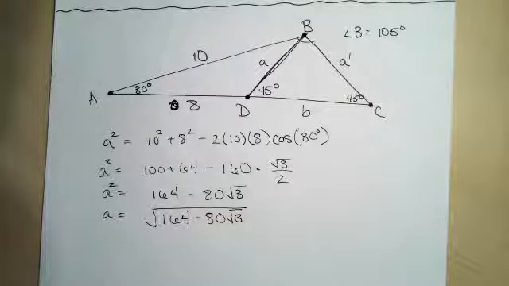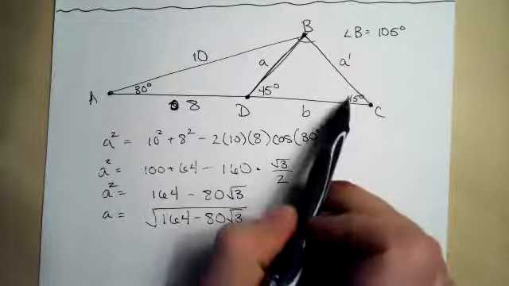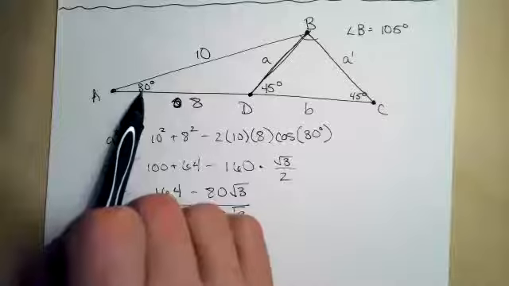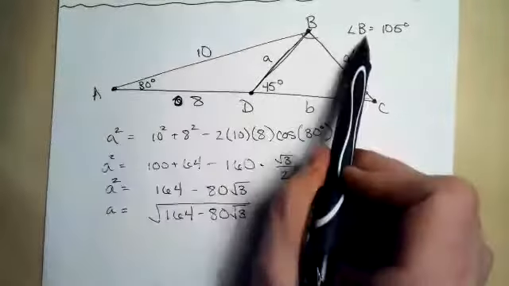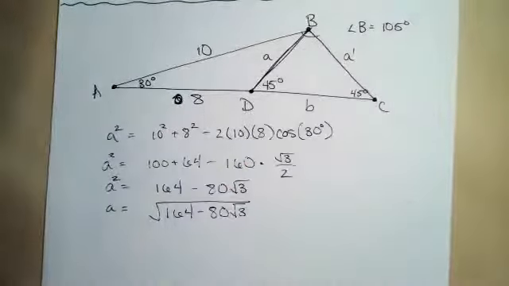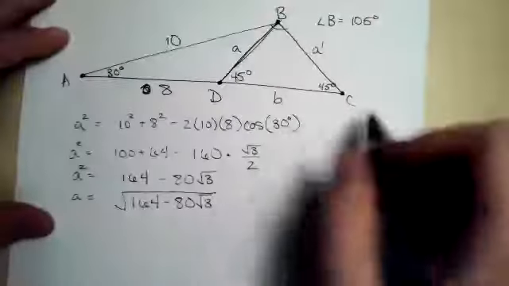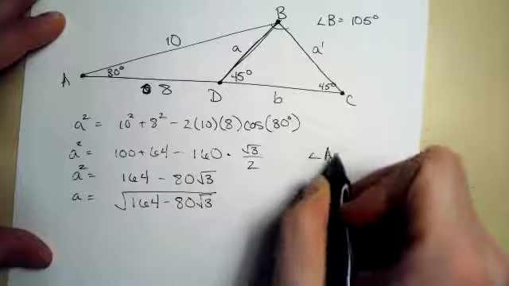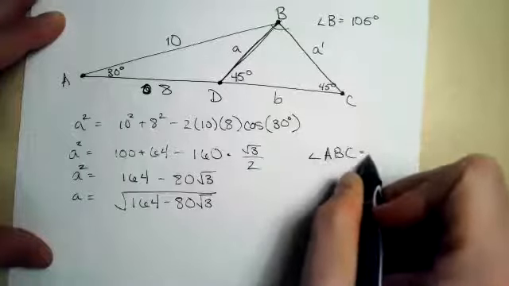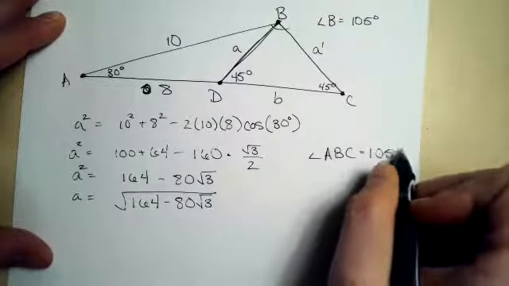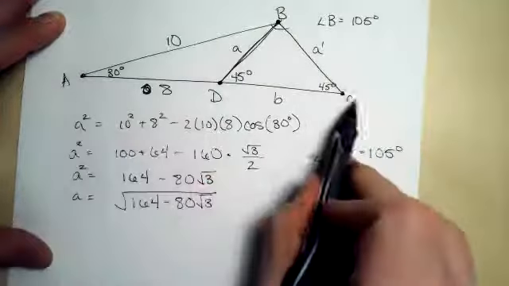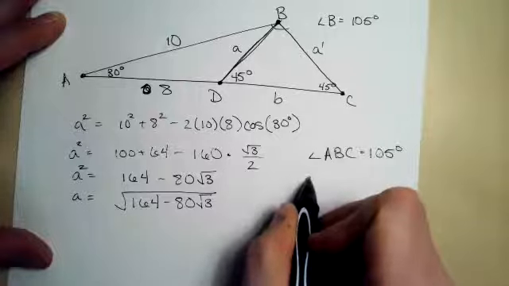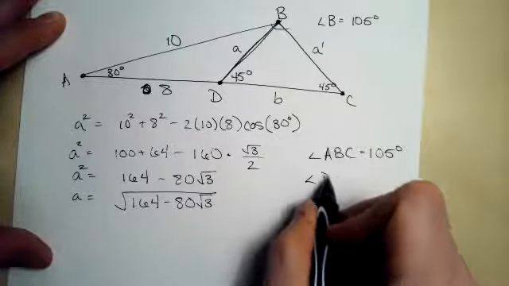Now the angles we can actually solve for, because I have 45 degrees and 30 degrees, it's 75 degrees. So angle B, that full angle is 105. To be a little more specific, angle ABC is 105 degrees. So A to B to C. So then what is angle DBC?